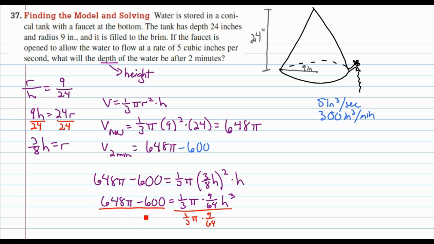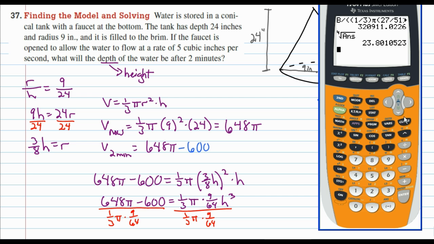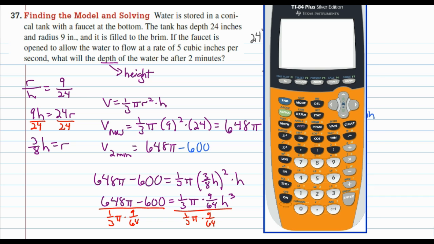I'll show you how to do that whole mess in your calculator in a second. What I'm going to do is the numerator first. 648 pi minus 600. That's 1,435.75, whatever.